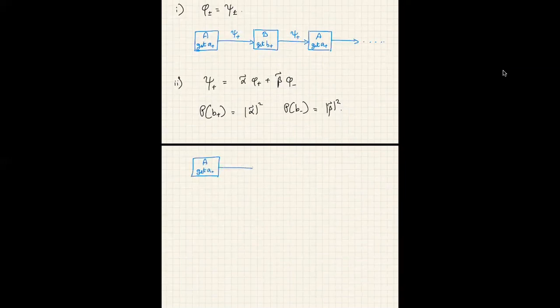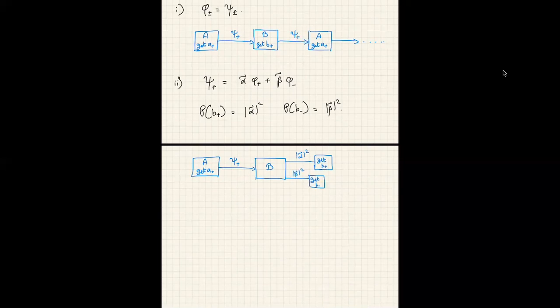Now I have collapsed this to state psi plus, and on this state, if I measure B, I'm not sure to get only one of the eigenvalues because this state psi plus is not an eigenfunction of B. I can either get B plus with probability alpha tilde square, or I will get B minus with probability beta tilde square.